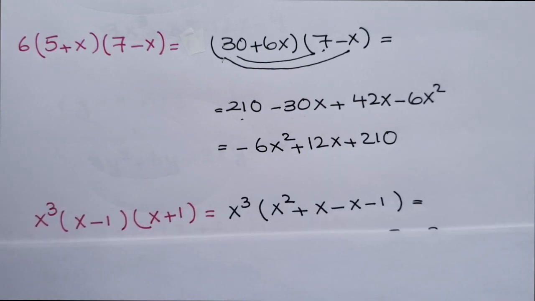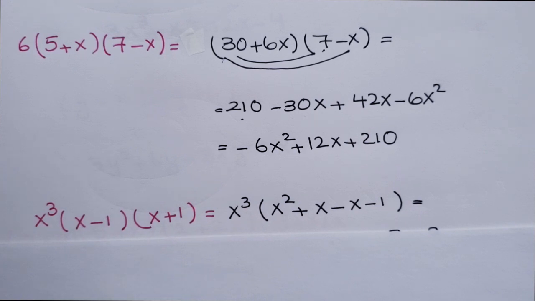In the next example, I have a variable, x to the power 3, multiplied by 2 brackets, which can be solved in many different ways. As in the previous example, you can simply multiply this by any of these brackets, reduce it to 2 brackets, and then do the FOIL.